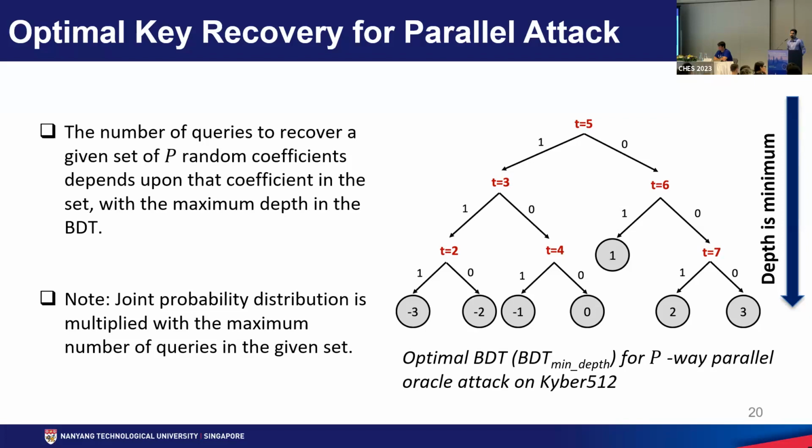But in the parallel PC Oracle attack, in a particular set, the appearance of -3 and -2 significantly increases. So now we cannot rely on the same BDT that we used for the binary PC Oracle attack. What we have to do is reduce the depth of the binary tree such that we can retrieve all the coefficients in the least number of queries.